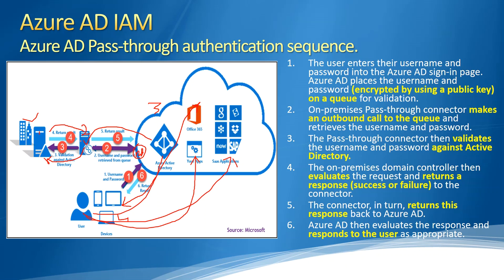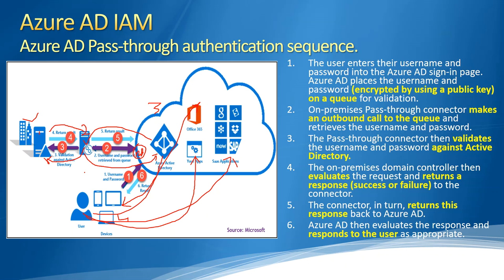It's always your pass-through connector sitting on-prem making the connection, or outbound call. So it's much better in terms of allowing the connectivity back to the internet, rather than allowing Azure AD or any entity on the internet coming back to on-prem.